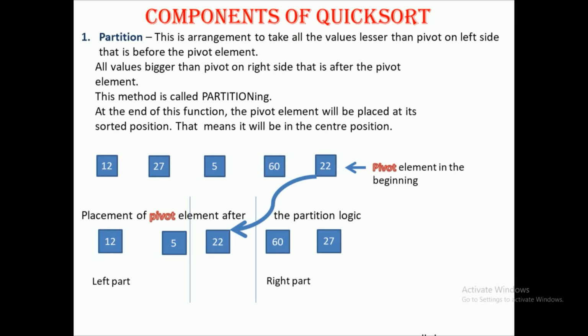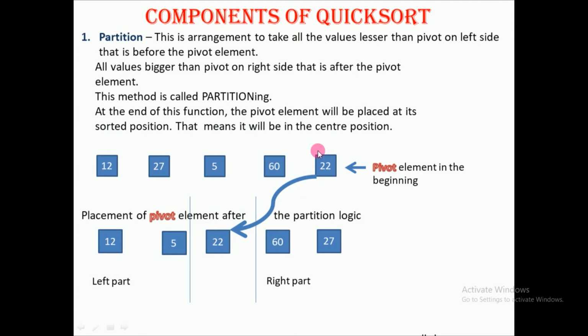Maybe we can see here, 12, 27, 5, 60, 22. These are unsorted values, and we can consider any one value in this array as the pivot element. Maybe we have taken the end element as the pivot element.